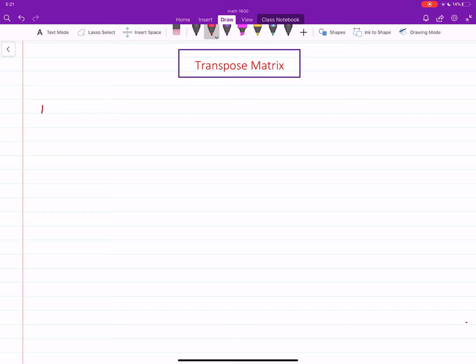Let us start with the definition of the transpose. Let A be an n by m matrix.